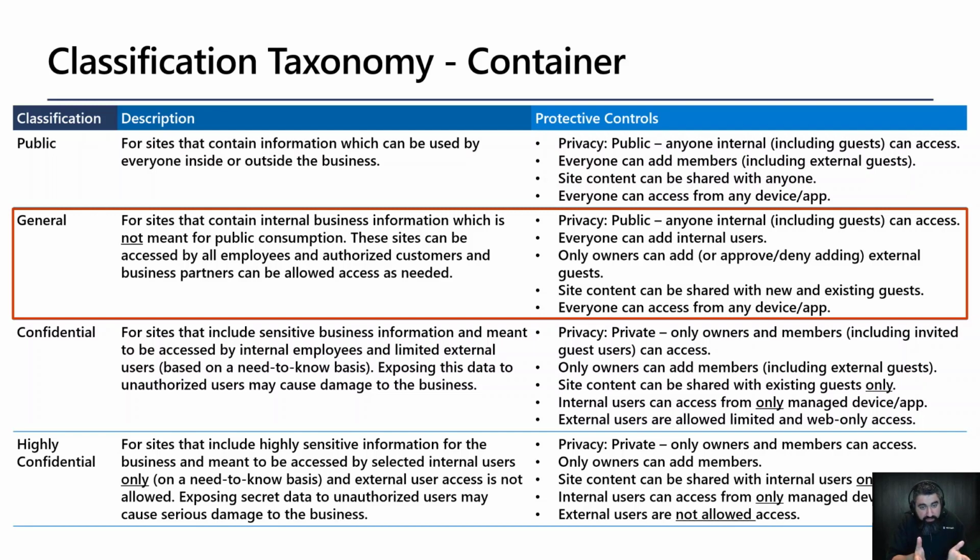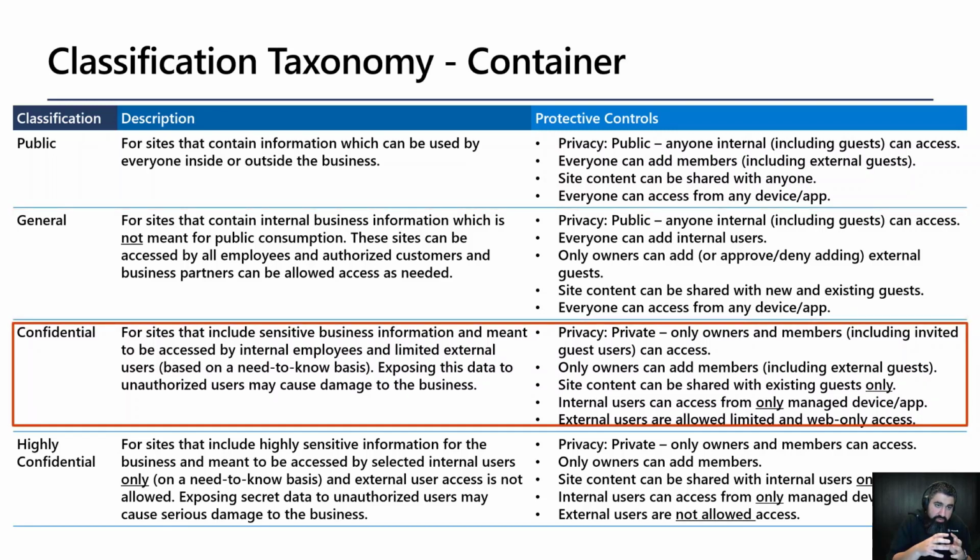So if you are a member of the site, you cannot invite or add any external guest. The site content can be shared with guests and everyone can access it from any device and any app. So the main difference there is that external access is only controlled by the site owner, which could be a SharePoint site owner or a team site owner. A regular member cannot add an external guest.